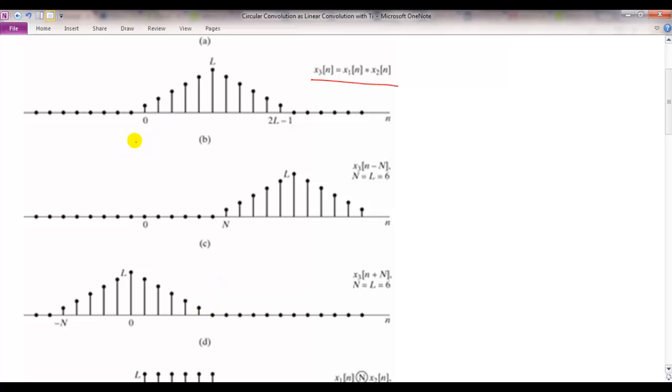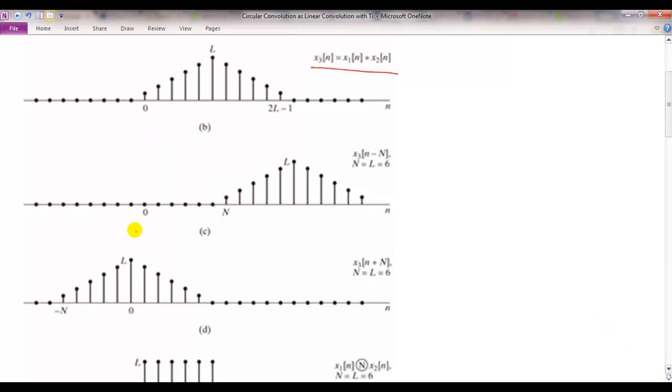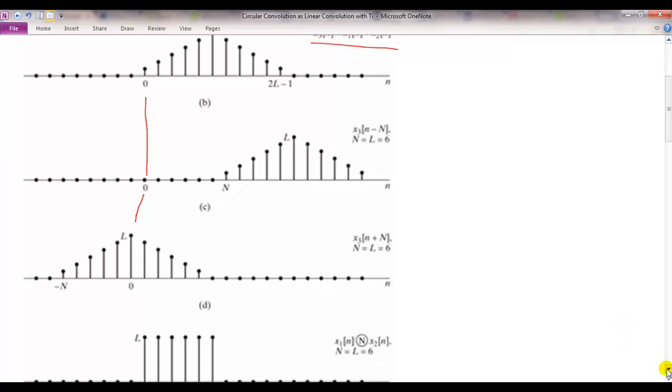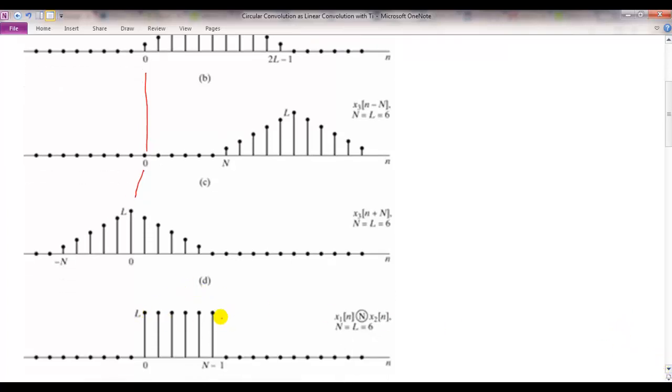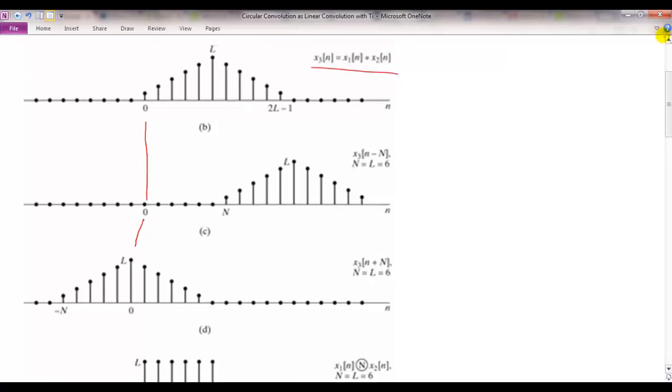So if you add all of them up, they are not perfectly aligned. This 0 is here and here. So if you add all of them up, you get back this sequence. Basically, this thing is decaying, but this thing is growing, and they are both linear, so you get a constant.